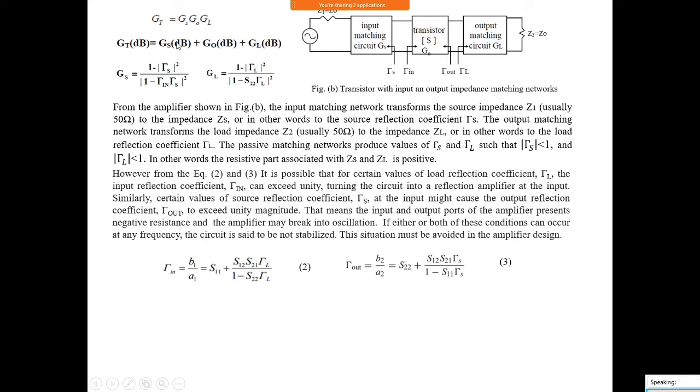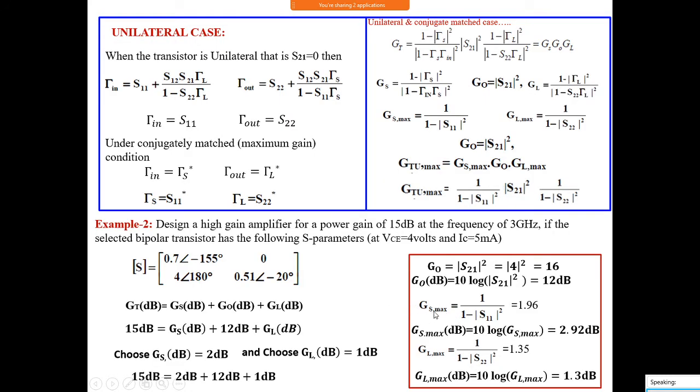The maximum values of GS and GL are given by these equations, under the conjugately matched and unilateral condition. We can find the values of GS maximum and GL maximum using these two equations with the given parameters. For that particular problem, we found GS maximum and GL maximum.